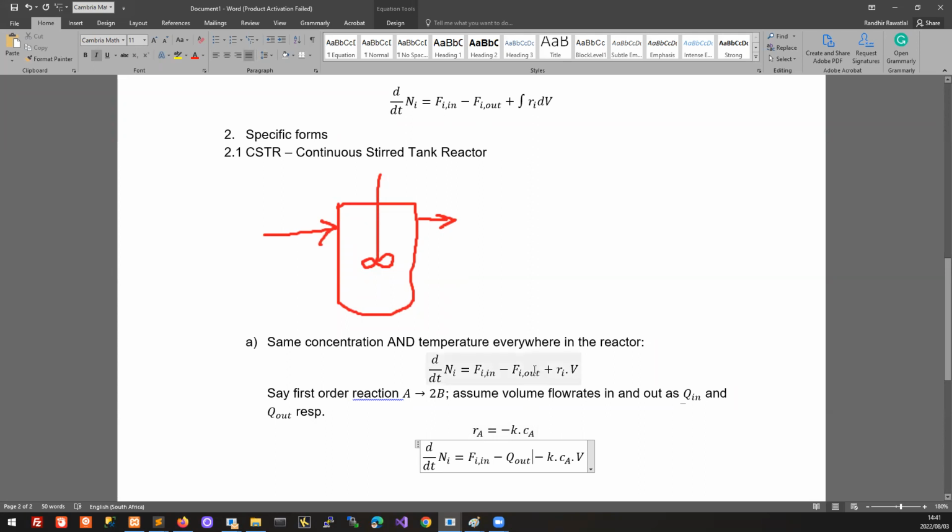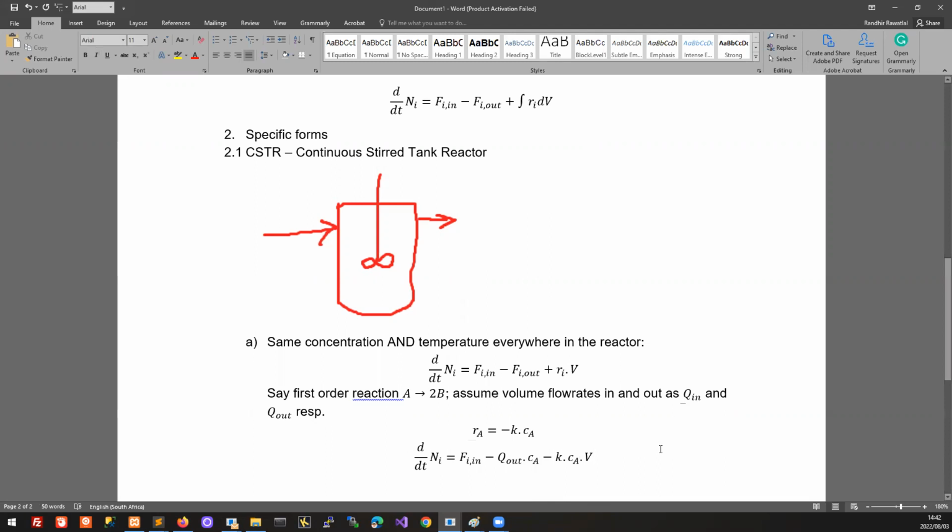And to get a molar flow rate, we need to multiply by the concentration in that stream. And we've just said that the concentration in this exit stream must be the same as the concentration just inside the reactor. So that is CA. This CA, the concentration in the reactor, is the same as the concentration in the exit stream.